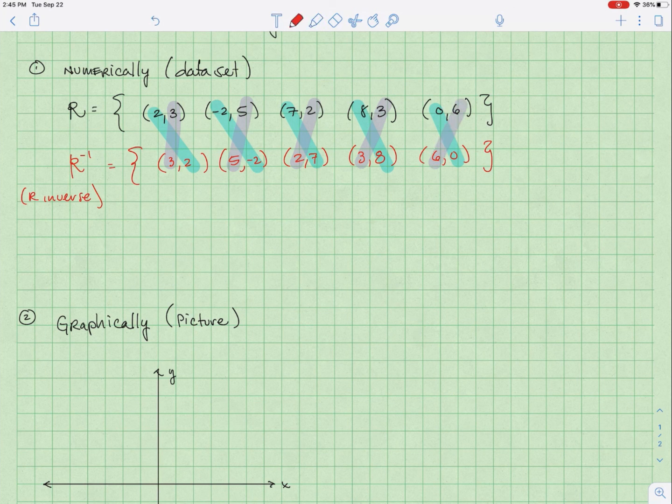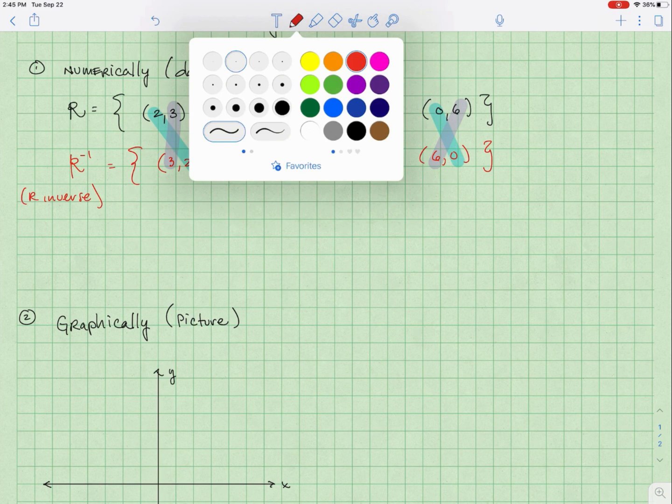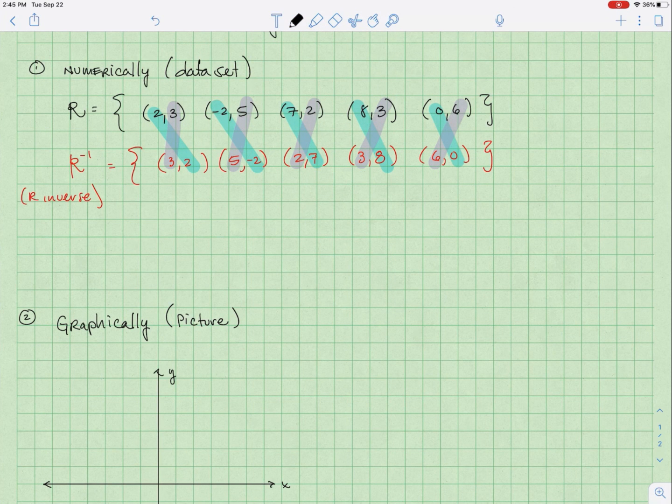And as it turns out, we see another relationship emerge. So for R versus R inverse, since we're switching the roles of x and y, we get a complete role reversal of the domain and range. If we look at the blue values for R, the domain is 2, -2, 7, 8, and 0.